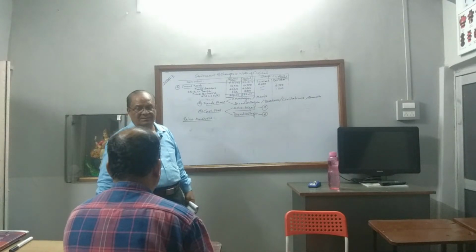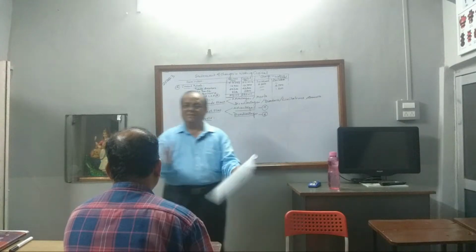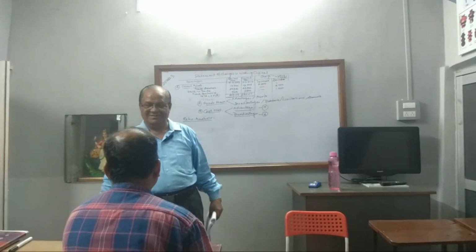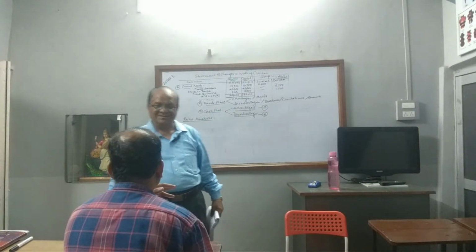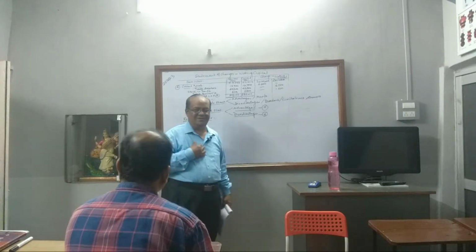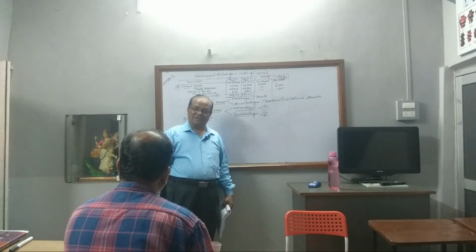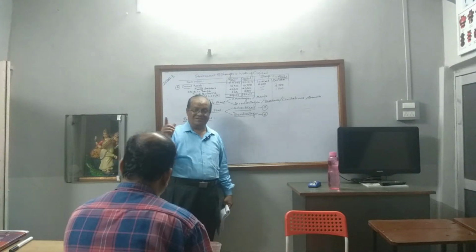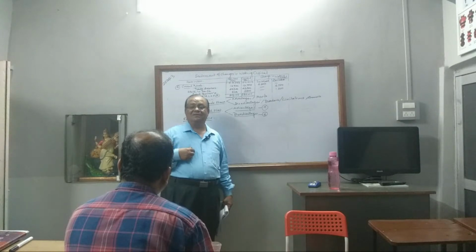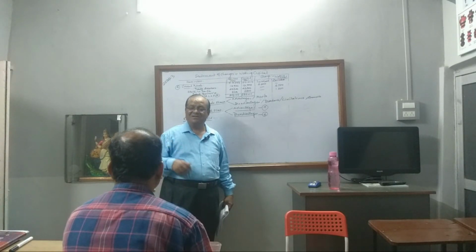What is inter-firm? Inter-firm means making relations between firm A and firm B. Suppose you have one company and I have a company. Your current ratio is 3:1, which is nice. The standard ratio is 2:1. But my company's current ratio is 1.5:1, which is not standard.